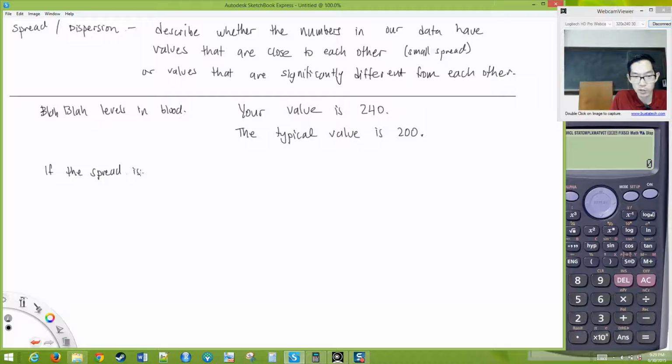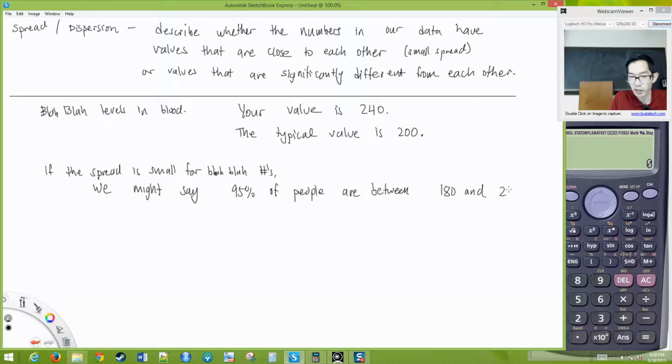If the spread is small for blah blah numbers, we might say 95% of people are between 180 and 220, okay?